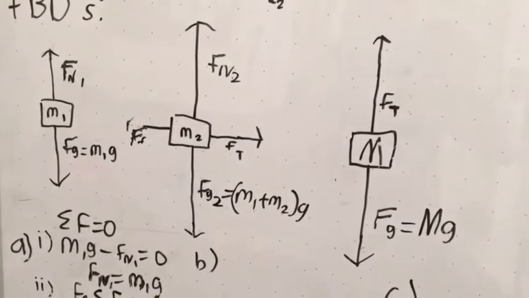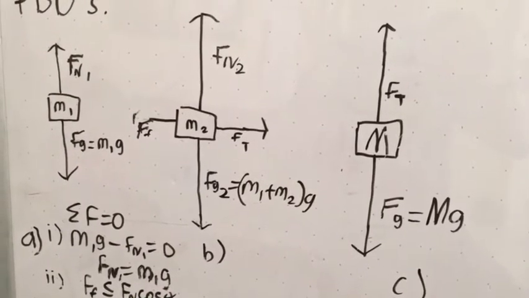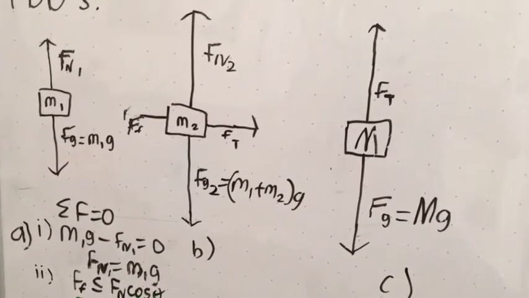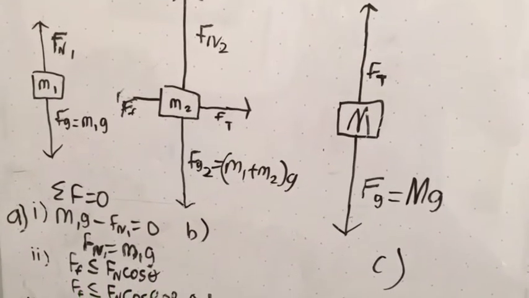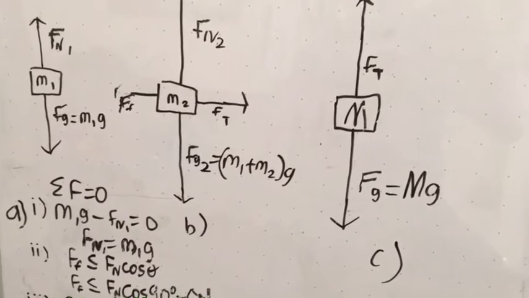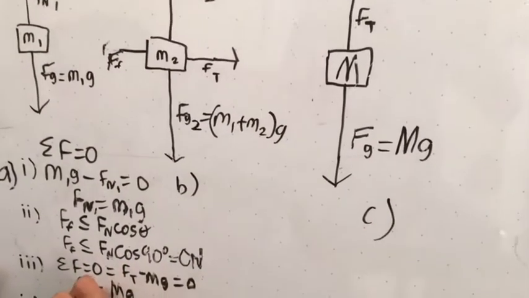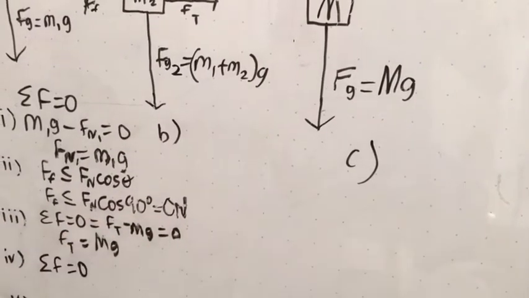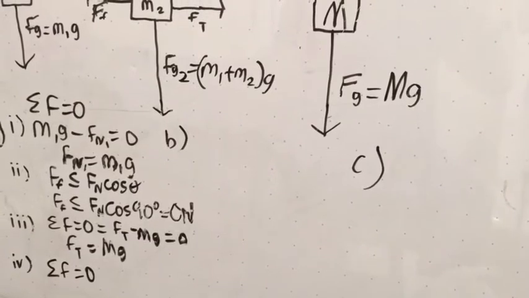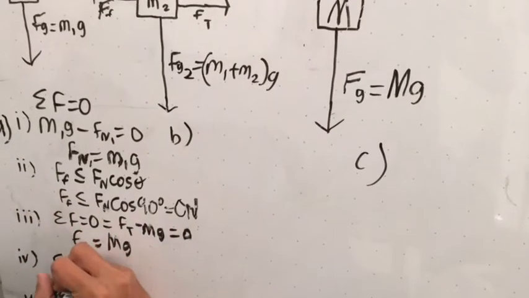Now, to find the normal force exerted on block 2 by the tabletop, we have to realize that the gravity force acting upon it is not just m2g. Since the m1 block is on top of block m2, the gravity force acting upon m1 must act upon m2 also. Therefore, since F net is equal to 0, as m2 is stationary, Fg minus Fn2 is equal to 0.